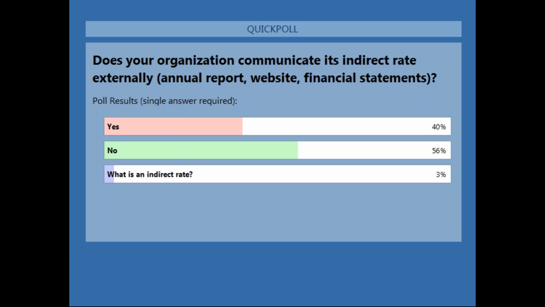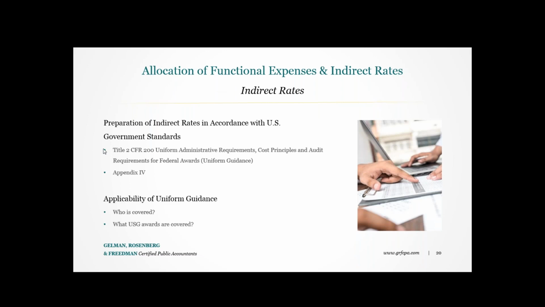We'll talk about some of the misconceptions of indirect rates at the end of the presentation, and we'll go through some examples as we get towards the end. We think it's important that the more transparent the communication to the public, the better.